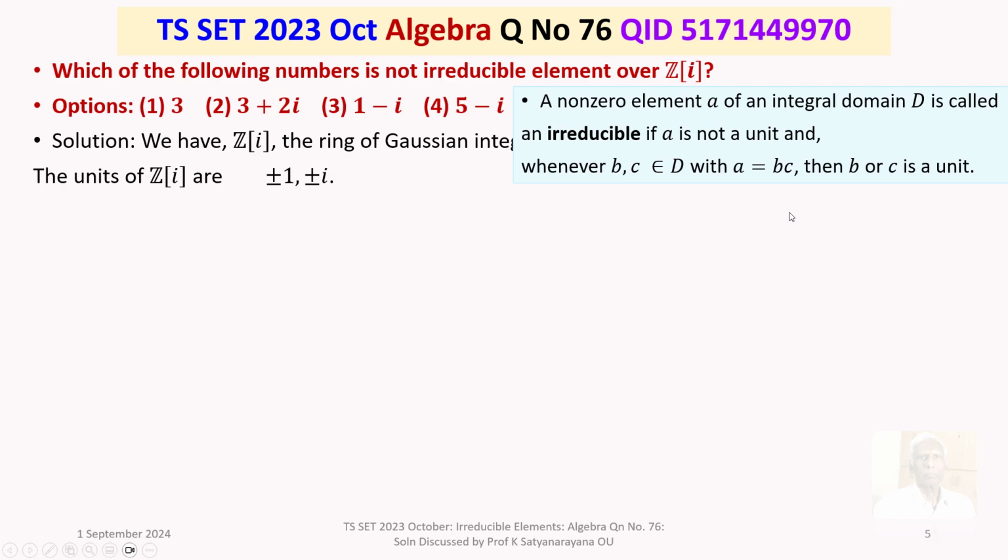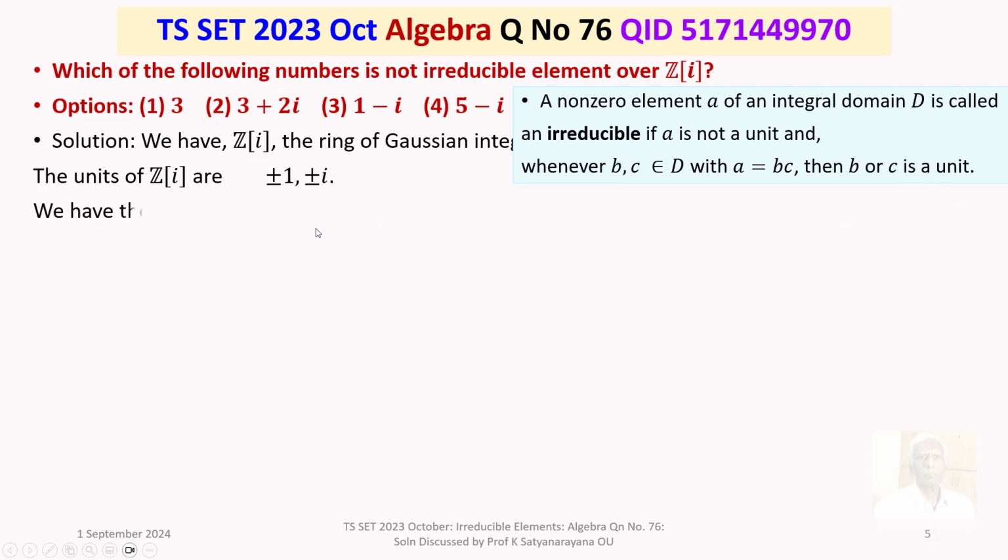That means the units are the only divisors. Who are the factors? The factors are either A or a unit. That means whenever A is the product BC, then B or C is a unit.